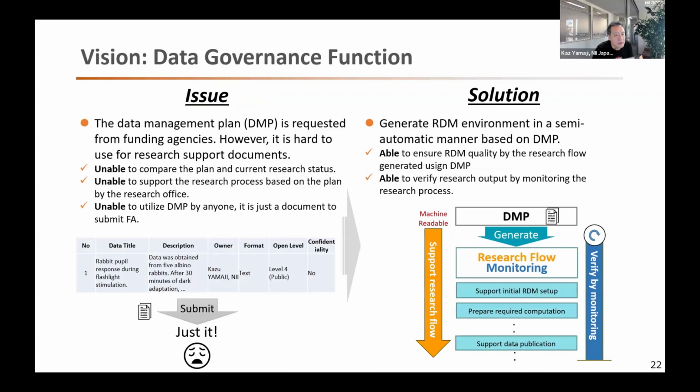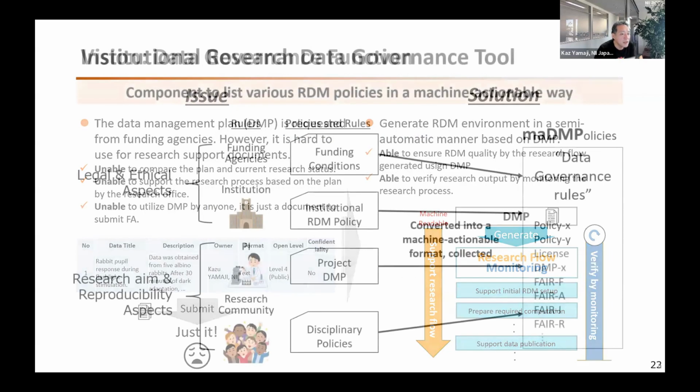But in our case, we'd like to utilize the DMP as much as possible, and then operate based on the DMP information, and operate and manipulate our NII research data cloud in a machine actionable manner.